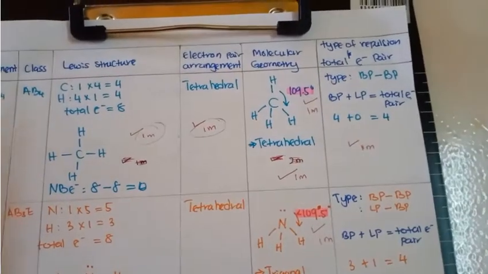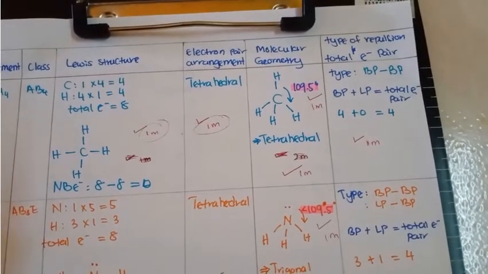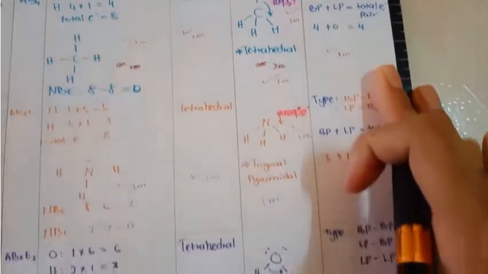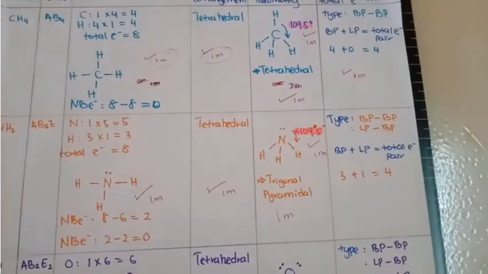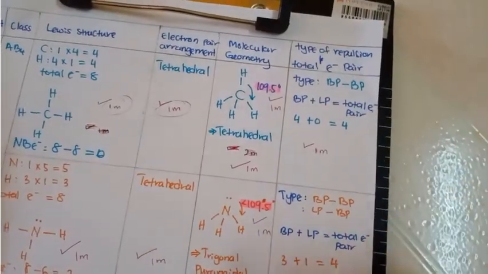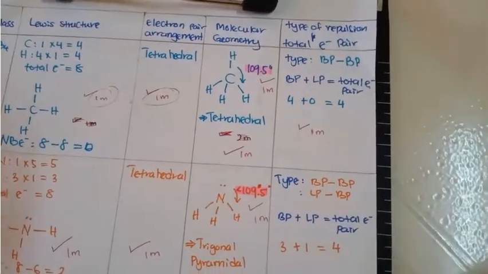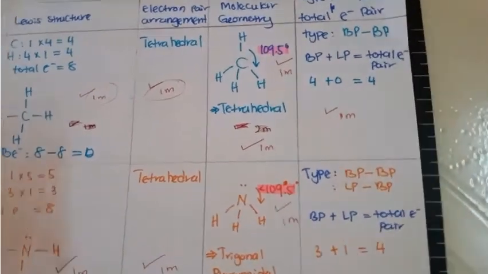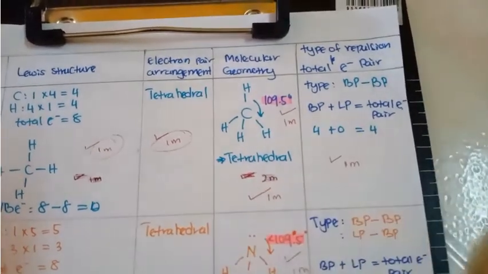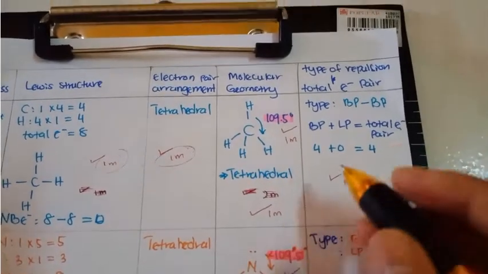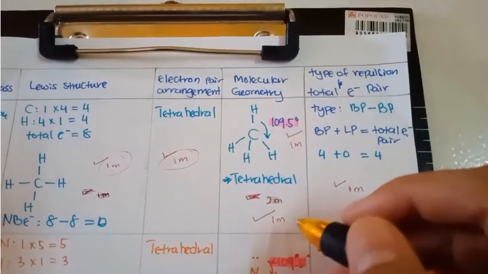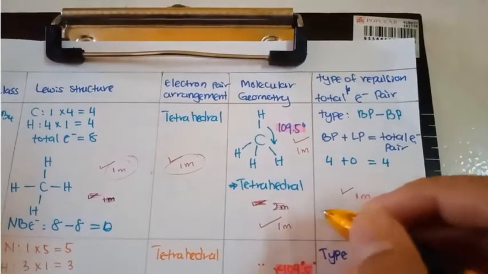Then we can have marks from electron pair arrangement. If all is true, each element is 1 mark. And then the molecular geometry marks. If the bond angle is true, the drawing is true and the name is true, we can have 1 mark for the bond angle and 1 mark for the name.